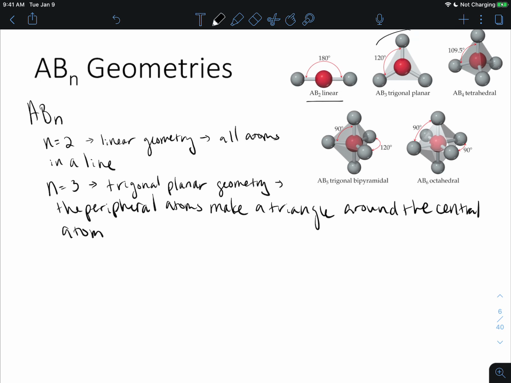So this one right here. Okay. So we can see this triangle right here. And we have 120-degree bond angles. Okay, the linear one had 180-degree bond angles.